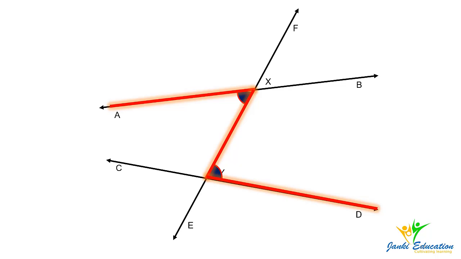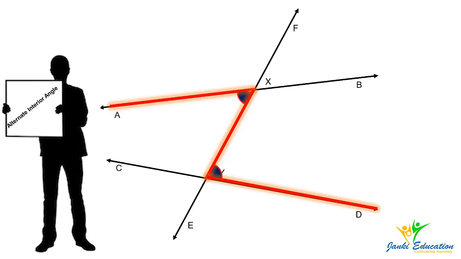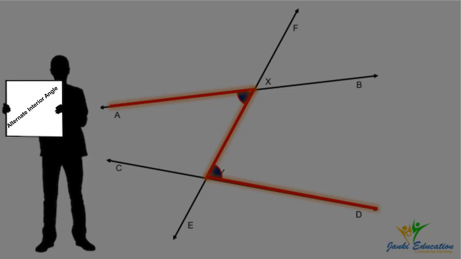This looks like a Z shape, right? Now this Z shape is called alternate interior angles. Please do remember this. Z shape is called alternate interior angles.